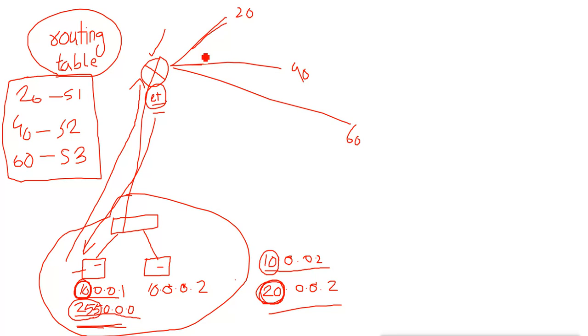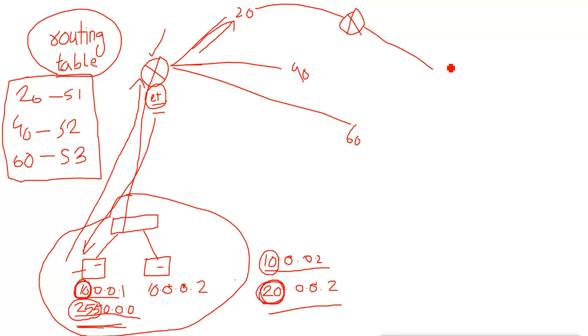So because it is network 20, it will send it into this interface, this direction, this path, and then it will reach another router. That router will check whether it knows the information about that network or not. It will check its own routing table and forward it according to that routing table too.